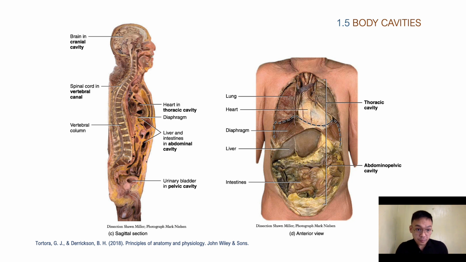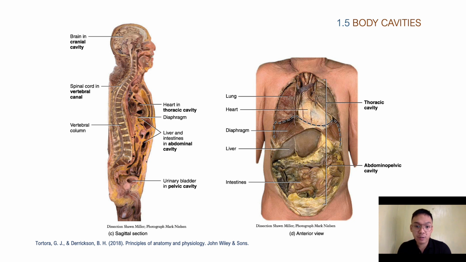Now, these are photographs, dissection by Sean Miller. This is the brain in the cranial cavity, the spinal cord in the vertebral canal, and this is your vertebral column. This is the heart in your thoracic cavity, the liver and the intestines in your abdominal cavity, and the urinary bladder in the pelvic cavity.